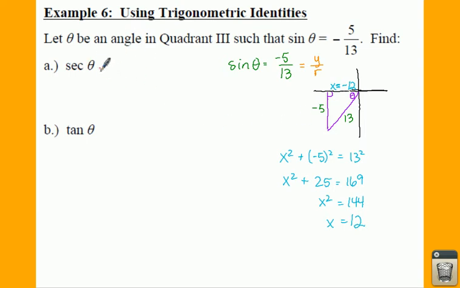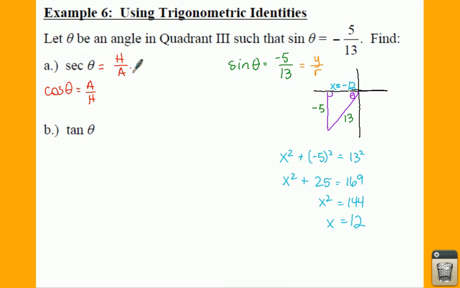Okie dokie. So in order to find out what our secant is, secant is 1 over cosine, or the same thing as the reciprocal of cosine. So cosine theta is your adjacent over your hypotenuse. And that must mean that our secant is our hypotenuse over our adjacent side.